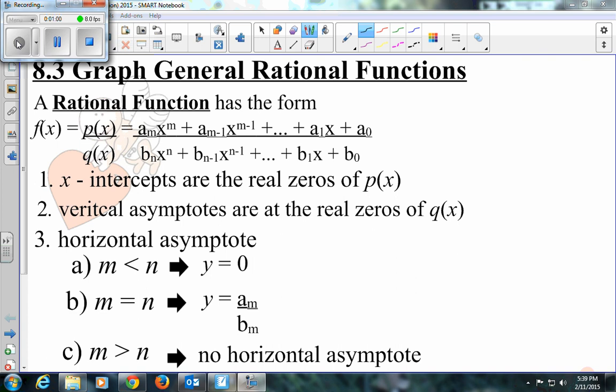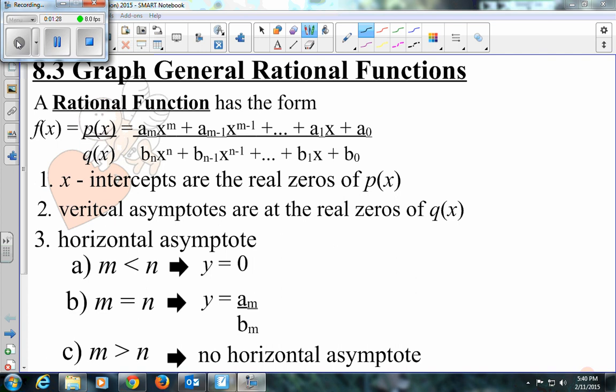The a sub m is simply the number multiplied by that term, the coefficient of that term. A sub m minus 1 is just the coefficient of the next term, and so on. So this is just putting your polynomial in standard form where your highest exponent comes first and your lowest exponent, or your constant, comes last.